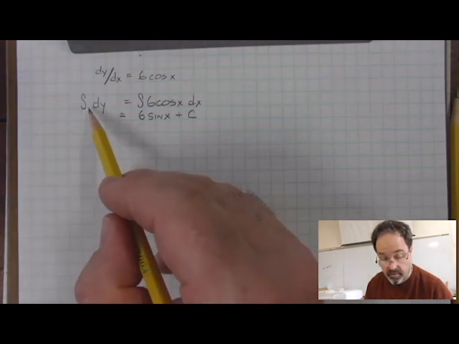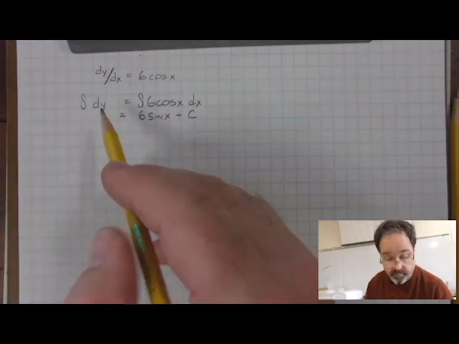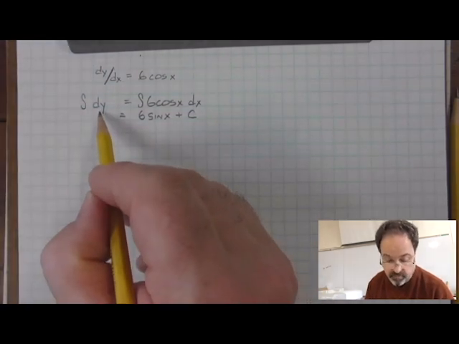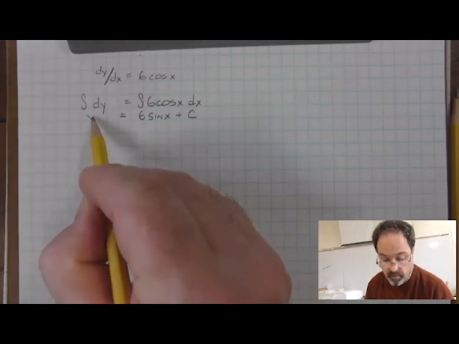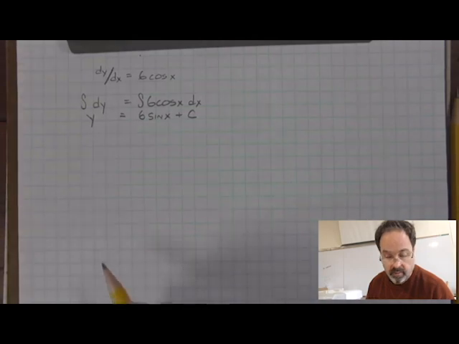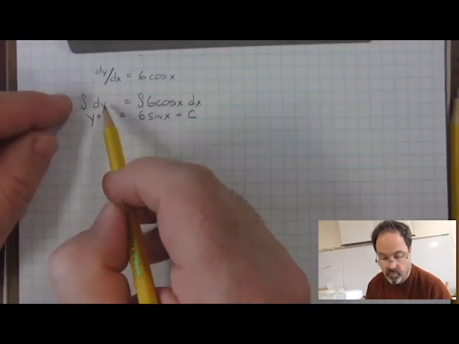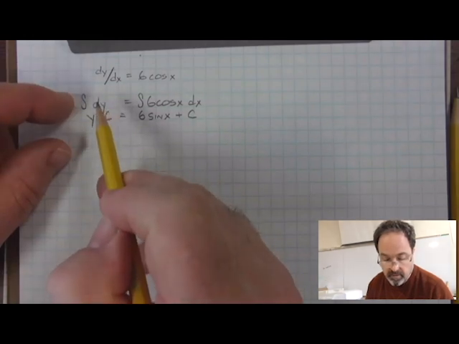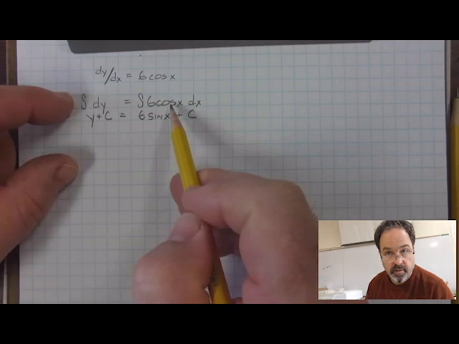So what I'm integrating is 1, and with respect to y, the 1 that I'm integrating becomes 1y. And it has its own constant of integration because this was an indefinite integral as well as the right side.